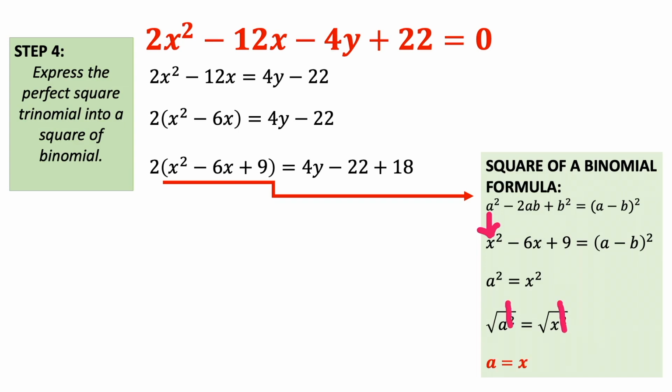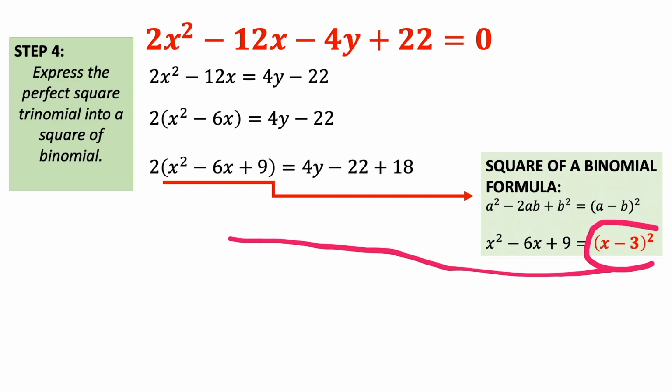Therefore, a is equal to x. Now, b squared corresponds to 9. Getting their square root will lead us to b equals 3. Therefore, the square of binomial of our perfect square trinomial is quantity x minus 3 squared.